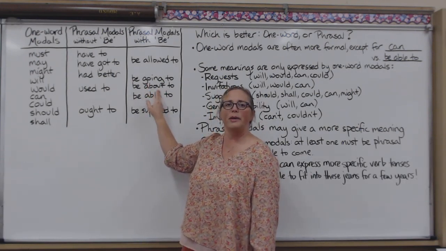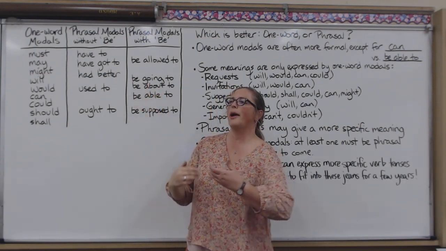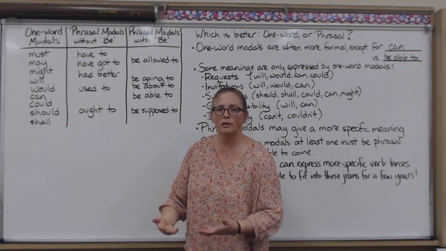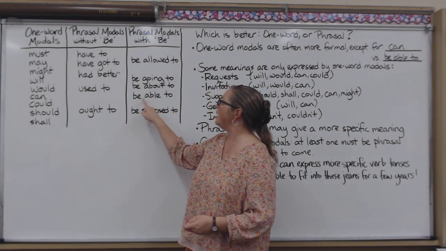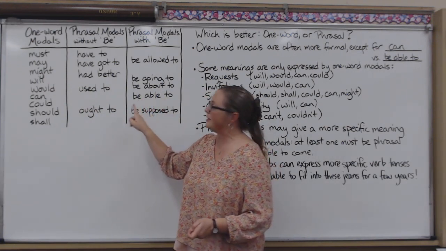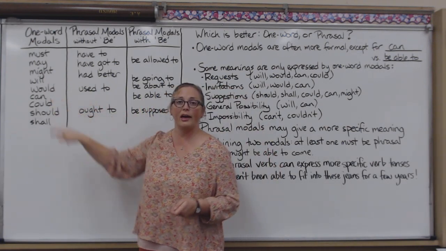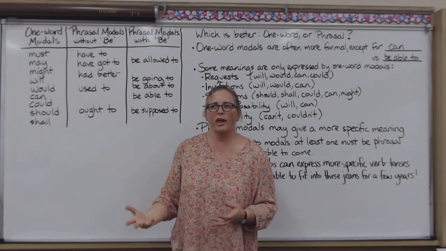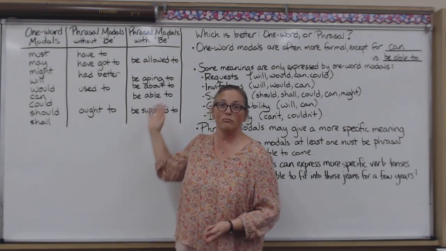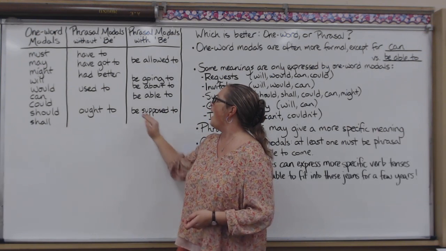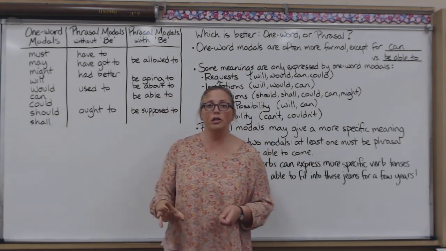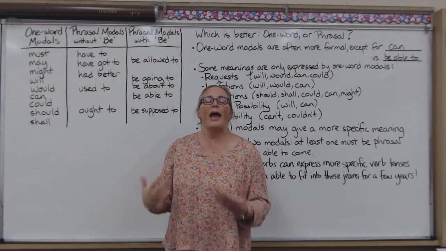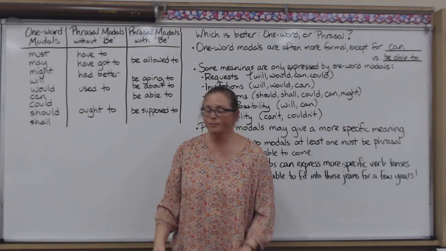Be going to and be about to are talking about future actions, similar to the idea of will. Be able to has a similar meaning to can when you're talking about can as ability. And be supposed to has a similar meaning to should in talking about expectation.